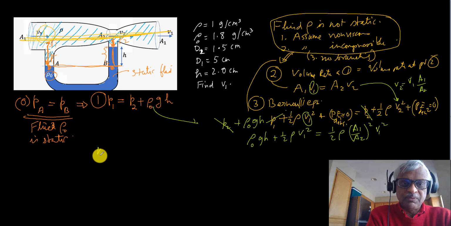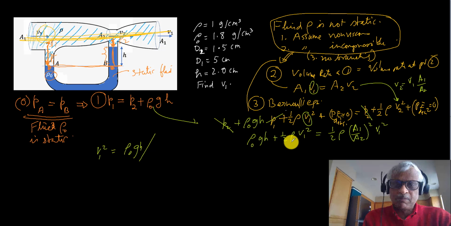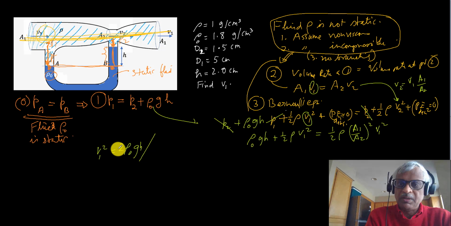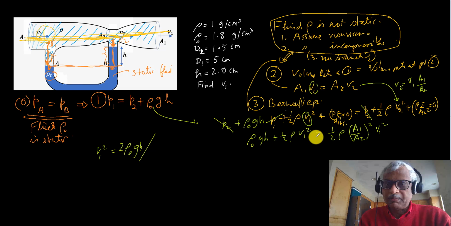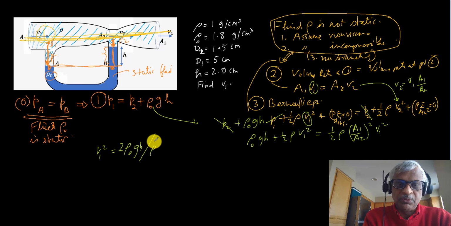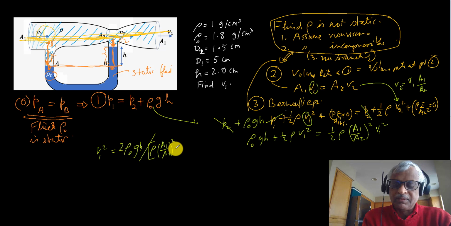So V1 square should be equal to rho 0 gh divided by, well, you'll have this minus that, rho (A1 over A2) square minus rho.